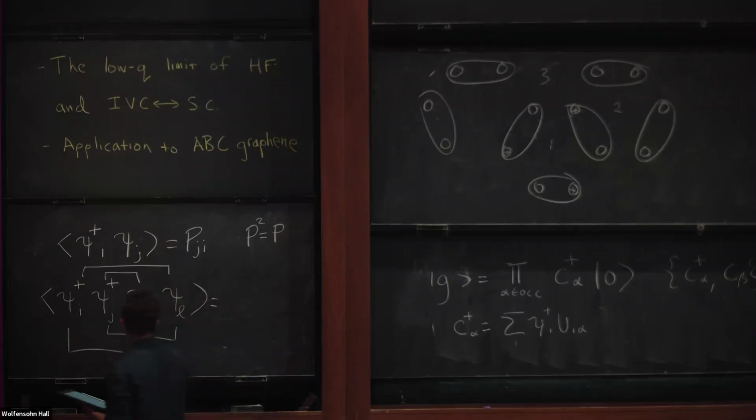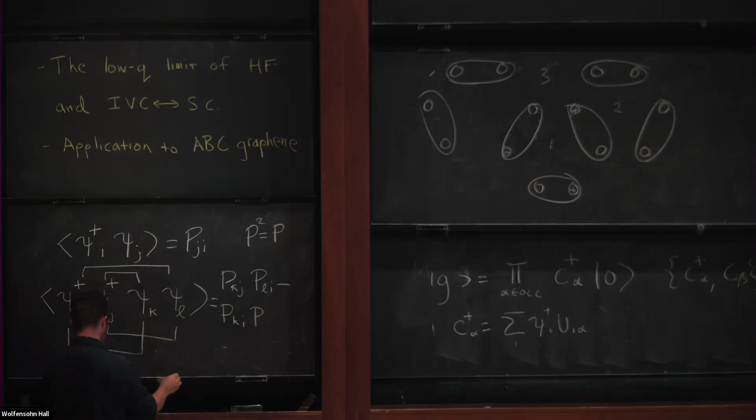So the first one is I take the product of this expectation value and this expectation value, so that gives P kj, P li. Okay. And this one involves an interchange. You have to exchange two to reorder them, so you get a minus sign, and this one gives P k I P lj.